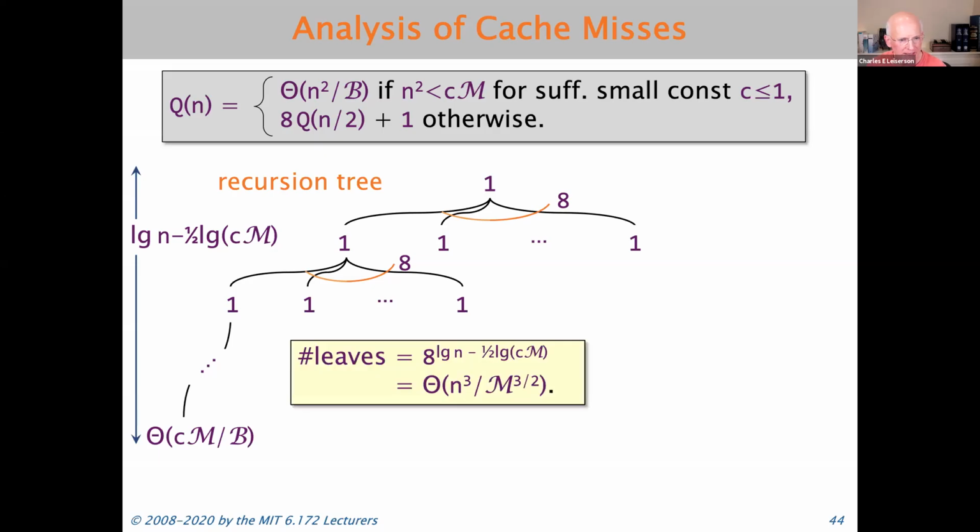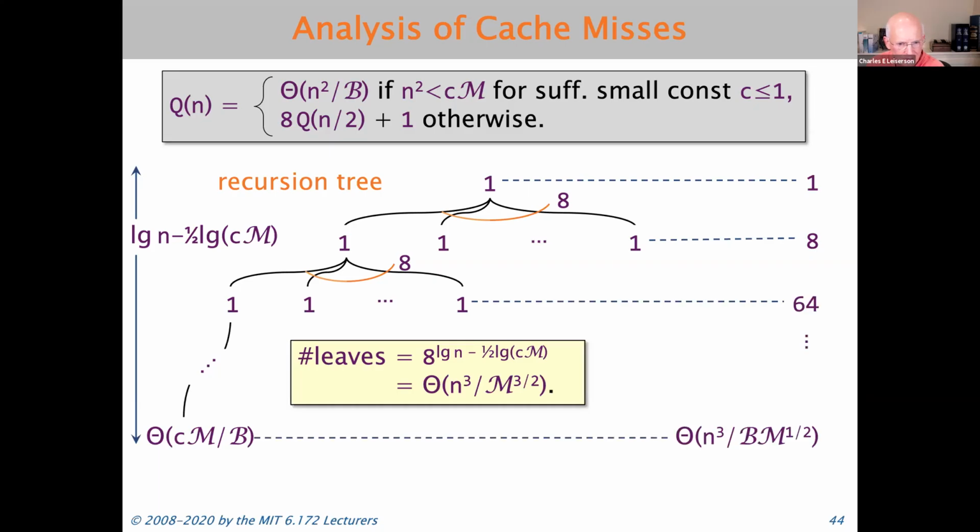And now we can add up the number of leaves. If you do that, you discover that there are n cubed over M to the 3/2 leaves. And here I've dropped the C. So that's a lot fewer leaves than we had for the work. And now we do the same thing, add across. Of course, it's growing geometrically.